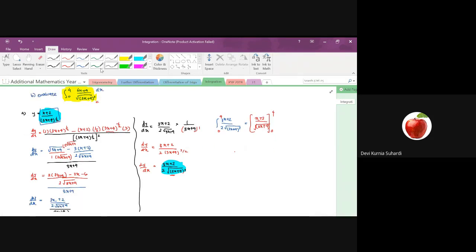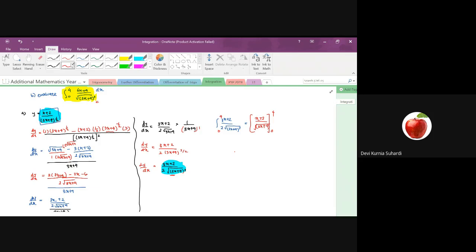The question wants 6x plus 4, you see, but we have this guy, (3x plus 2) over 2. We don't want this one, isn't it? So what should I do so that I'm going to get this one?